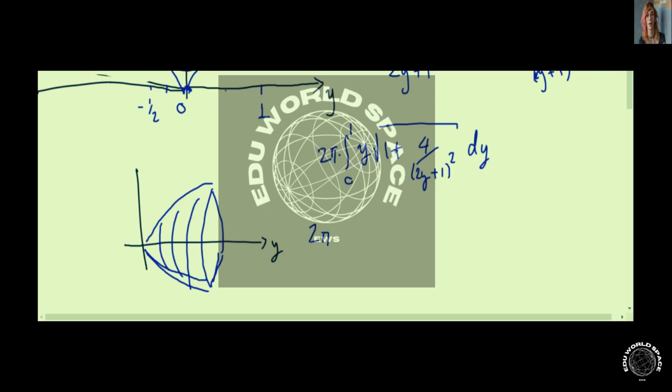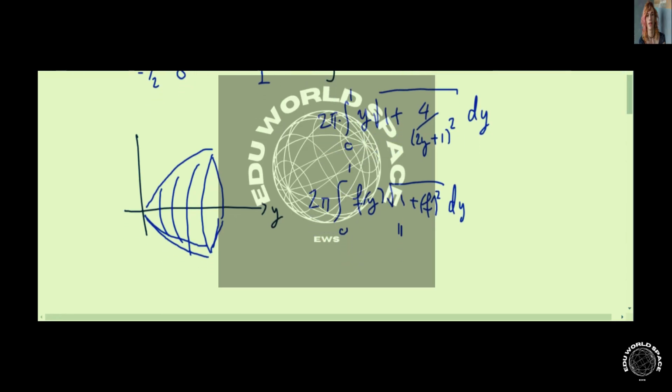This one has area 2 pi, the integral from 0 up to 1 of f of y times the square root of 1 plus f prime squared dy.